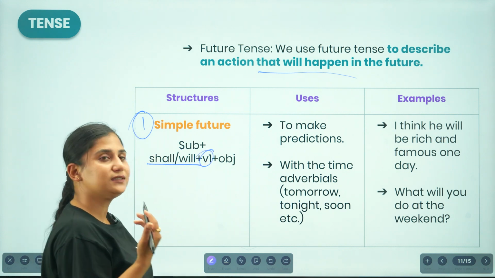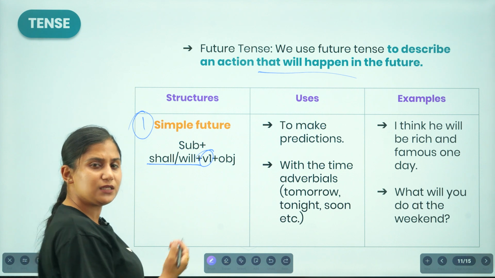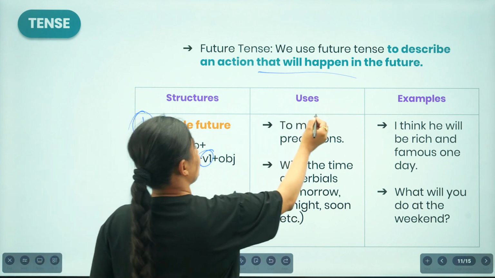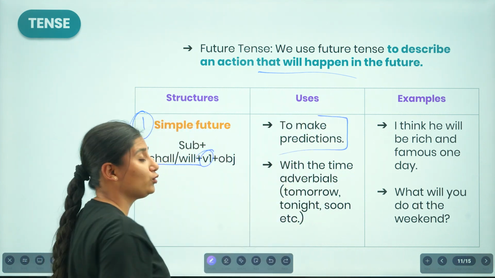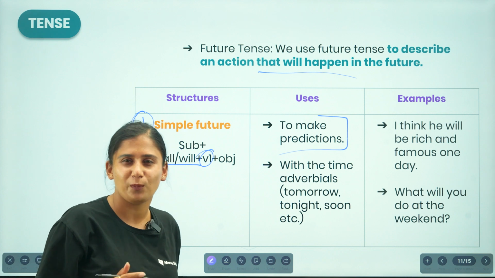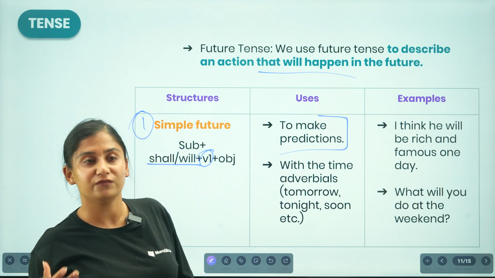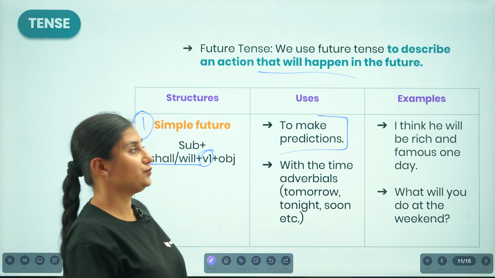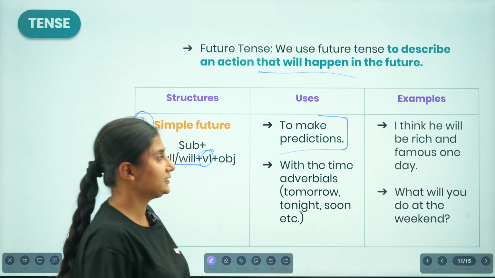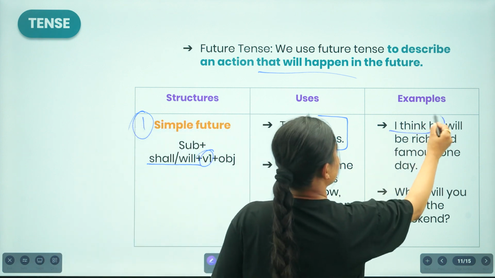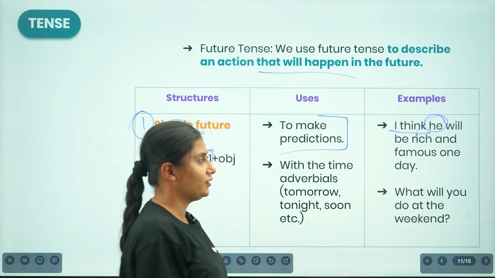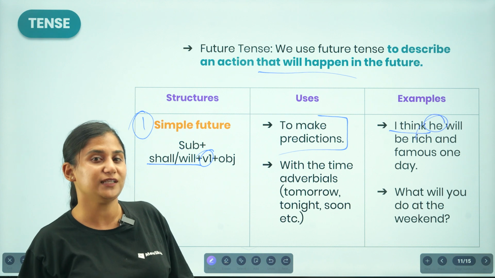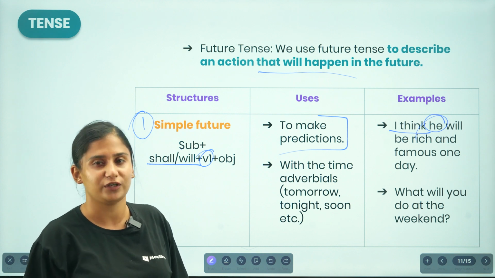So why do we use the simple future tense? We use simple future tense in order to make predictions. If we are to talk about the probability of the occurrence of some action, we use this particular idea. That is, I think he will be rich and famous one day. I have not said that it is certain for him to be rich.